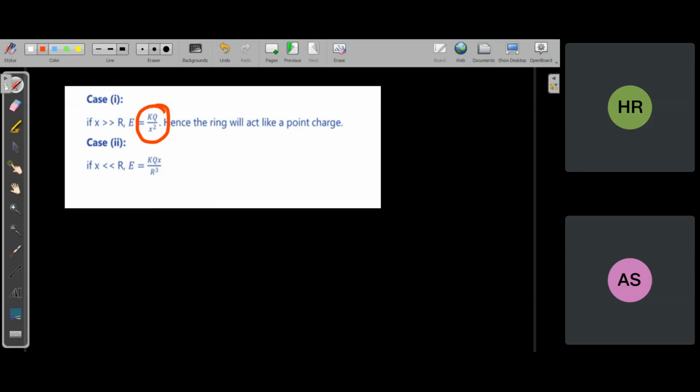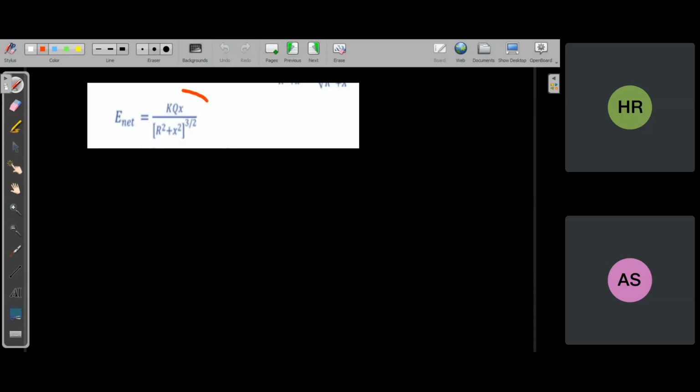If you don't want to do this, then directly in this equation you can apply the approximation that x is very, very less than r. For that, you can take r square common in the denominator and then you can convert it into a binomial.